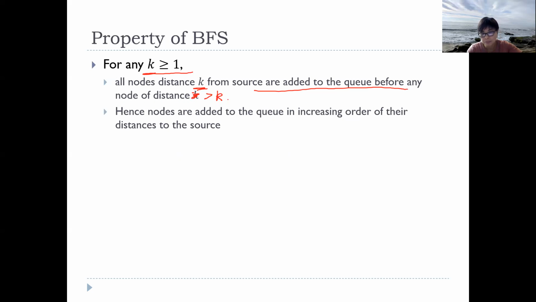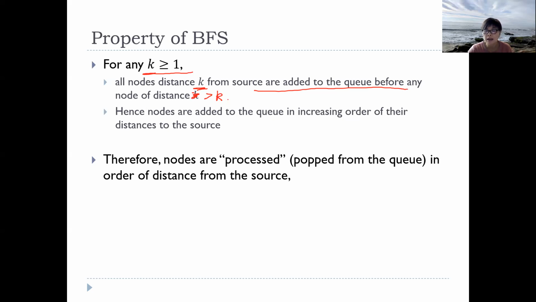Because of that, this is essentially implementing the idea we said about the queue. The order of nodes in it is the increasing order of the distance to the source, and by processing those oldest first, that means we first process those at distance k away from the source.